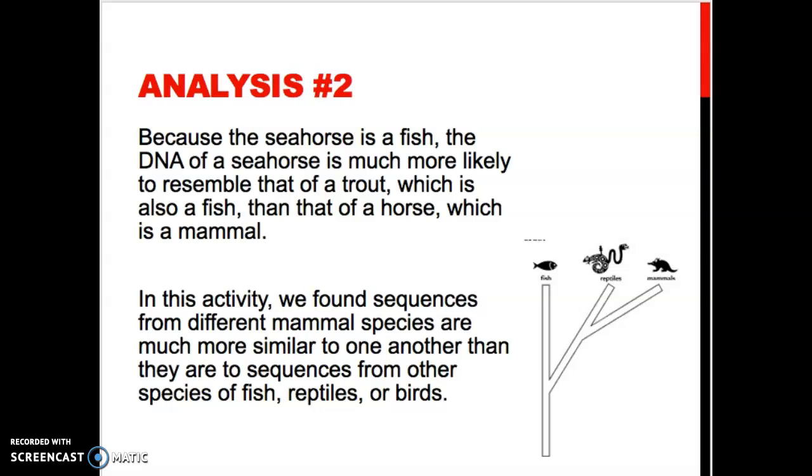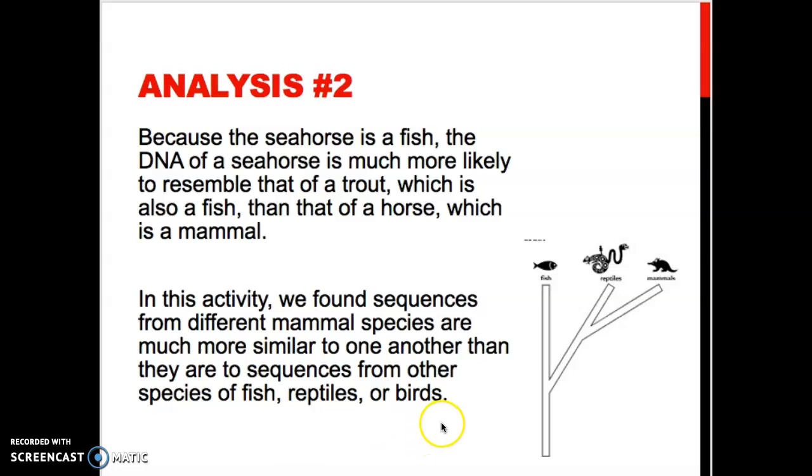So when you look at your chart in this activity, we found sequences from different mammal species are much more similar to one another, like the dog and the whale and the horse, than they are to sequences from other species, like the fish and the iguana and the birds. Okay? So because the seahorse is a fish, its DNA would be more similar to that of a fish.